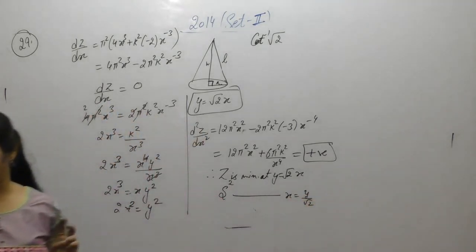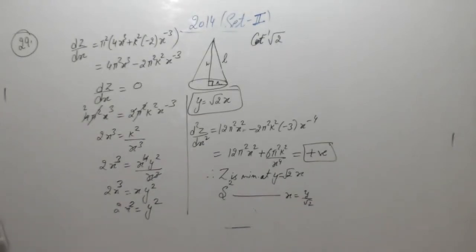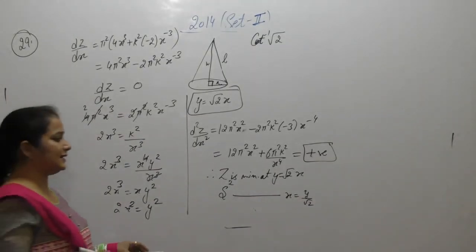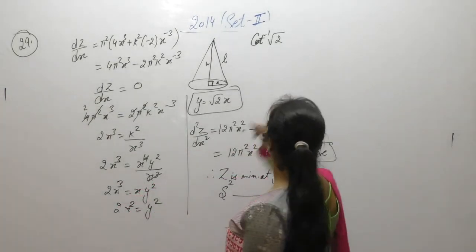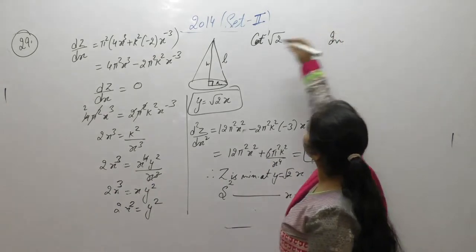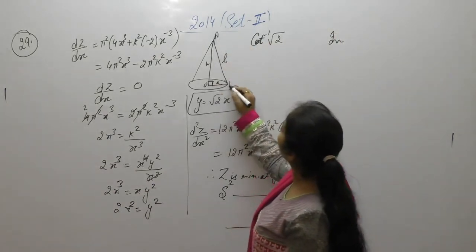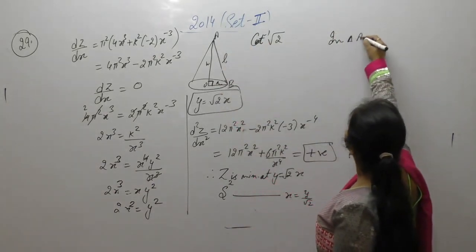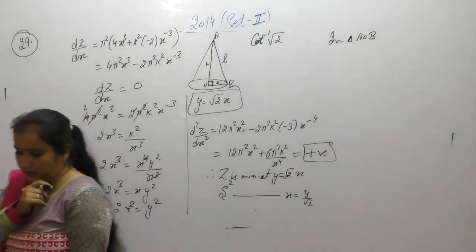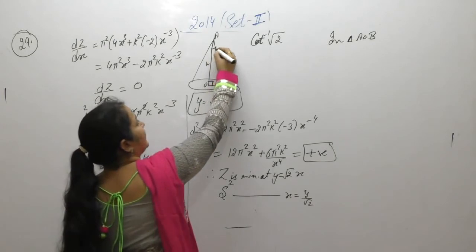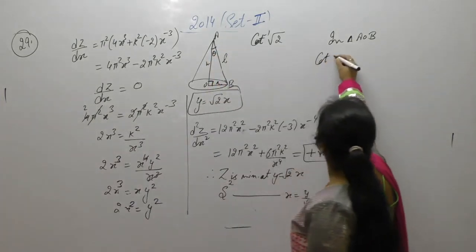Now we have to find the angle. So the curved surface area is least when x equals y upon root 2. Now let this triangle be AOB. In triangle AOB, if this is the angle theta, cot of theta is the reverse of tan.